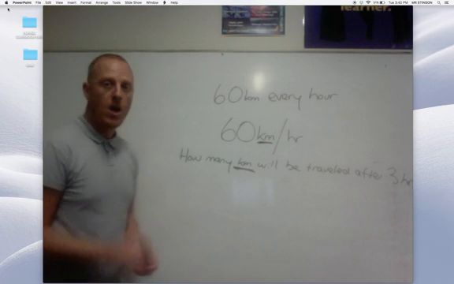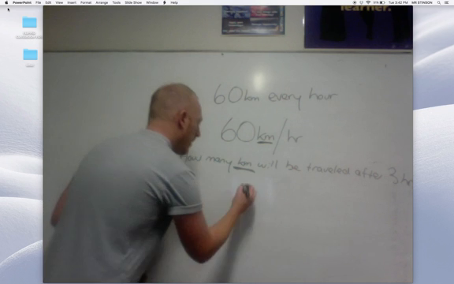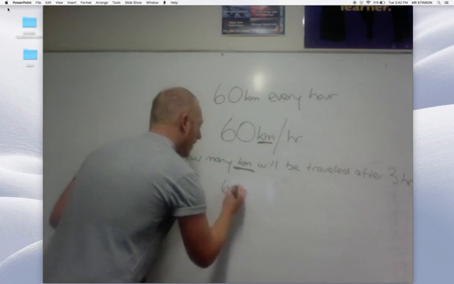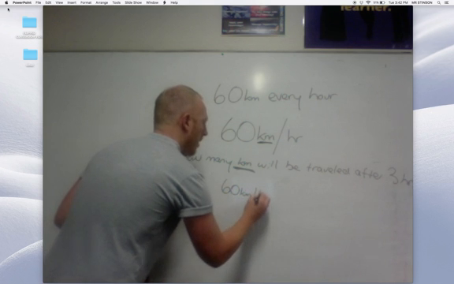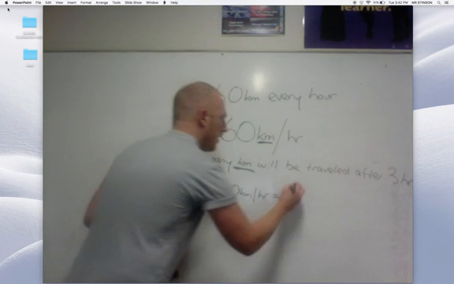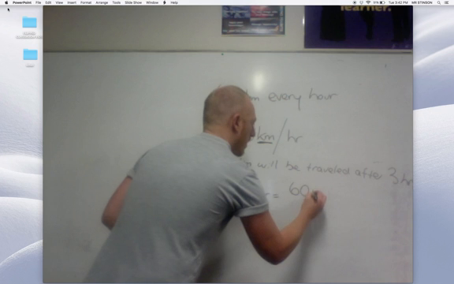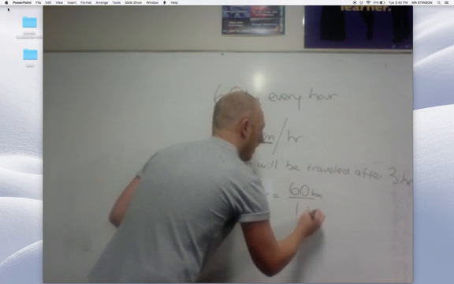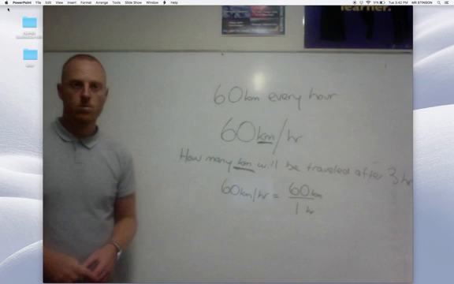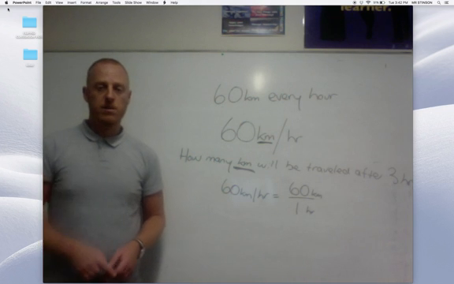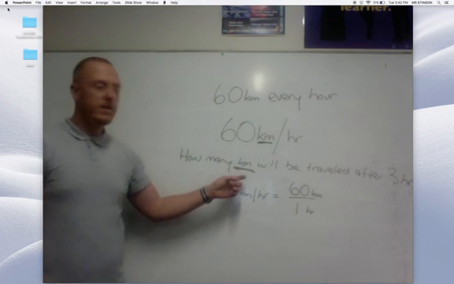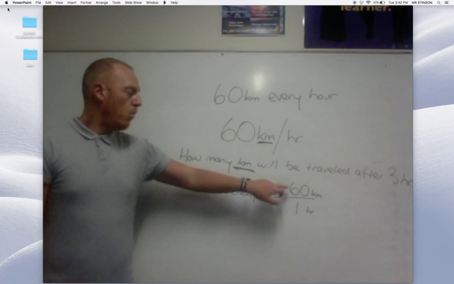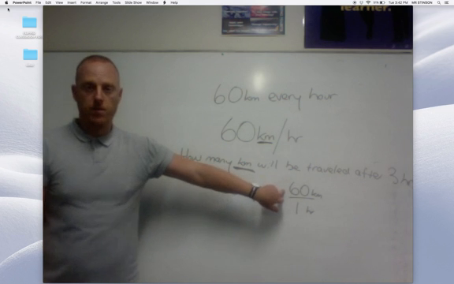Step 1. Write your rate as a fraction. 60 kilometres per hour equals 60 over 1. Now this type of question, as I said, is asking us to find kilometres. What is on top of our fraction?